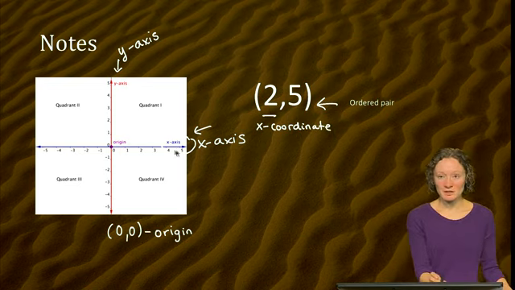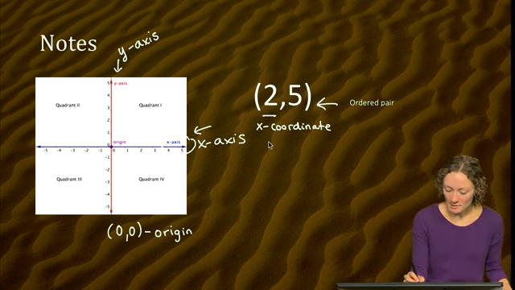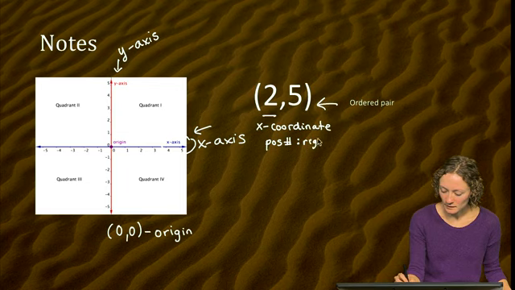It tells you how many units to go left or right. So a positive number tells you to move from the origin to the right that many units. And then a negative number tells you to go backwards, essentially, to the left.